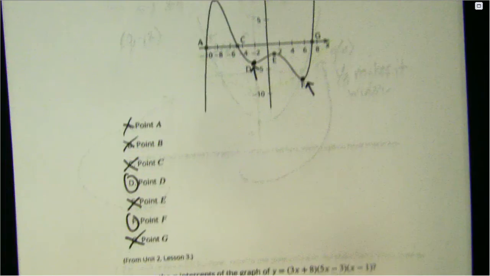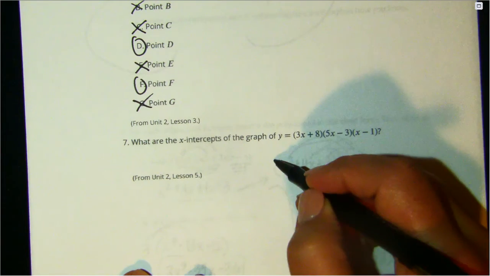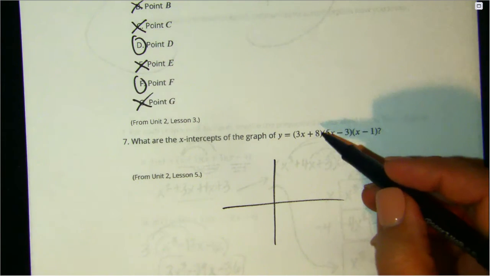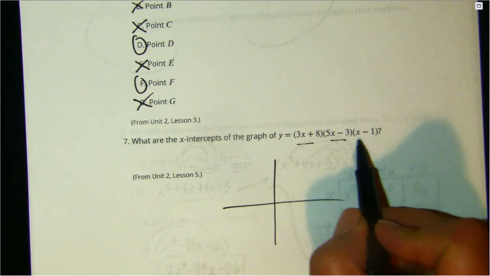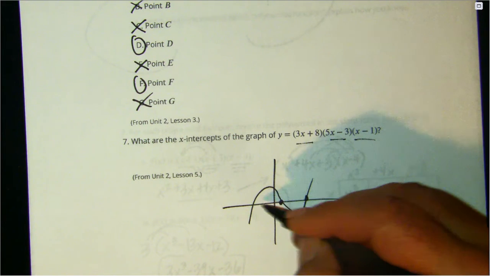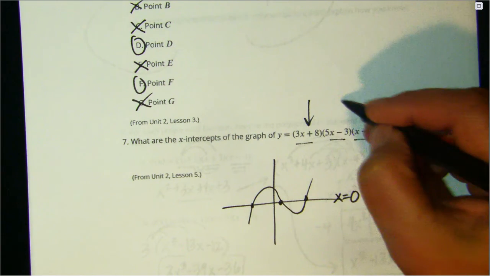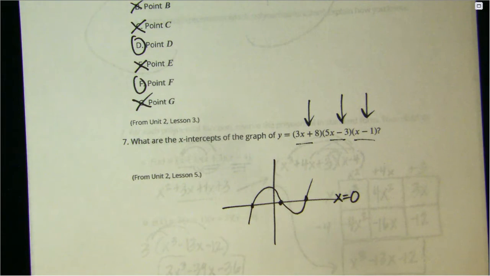D and F. Number 7, what are the x-intercepts of this graph? Remember the x-intercepts, I have no idea what this looks like, but I know this is going to have 1, 2, 3 places that it crosses. And that's when y equals 0. So it's whatever makes each of these equal to 0.